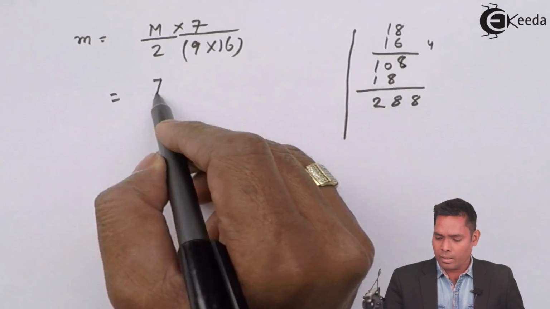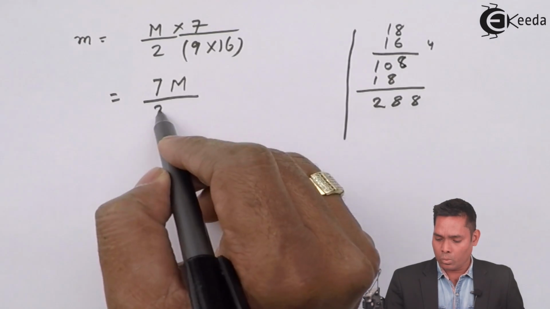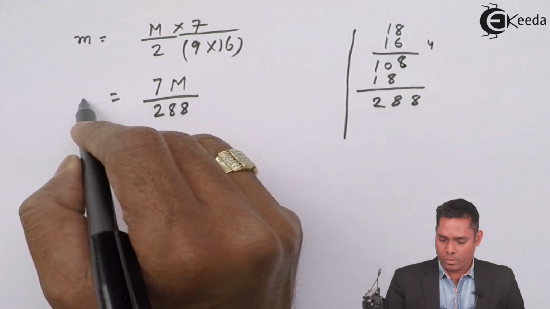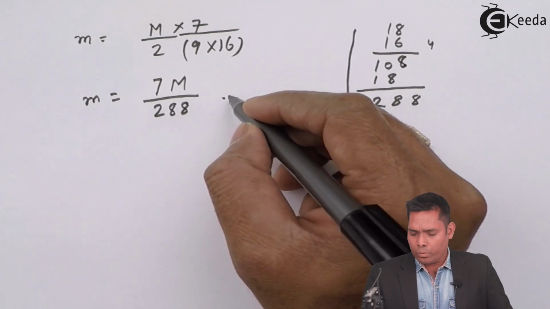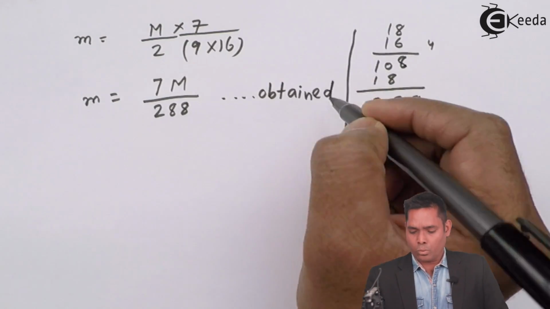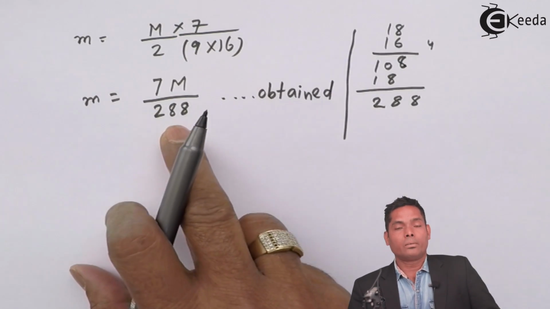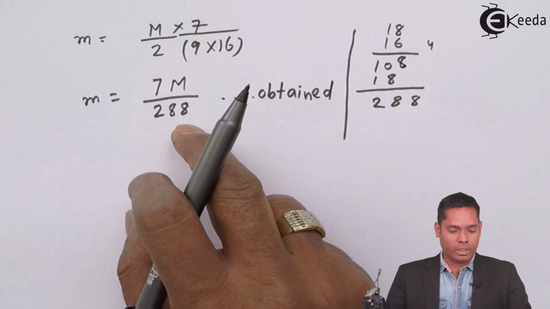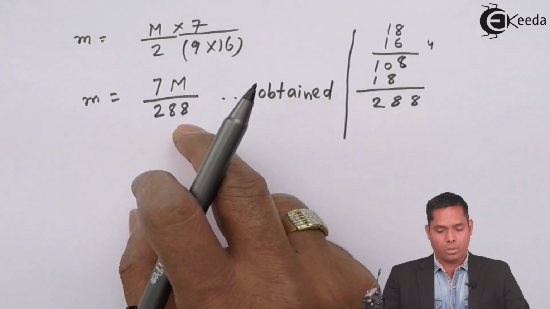So this is 7M over 288. This is the value we obtained now. So when the mass is this only, then only there will be no tension in the rod.